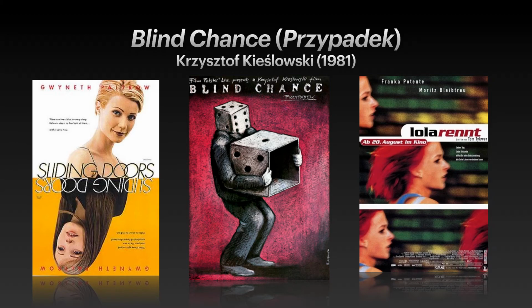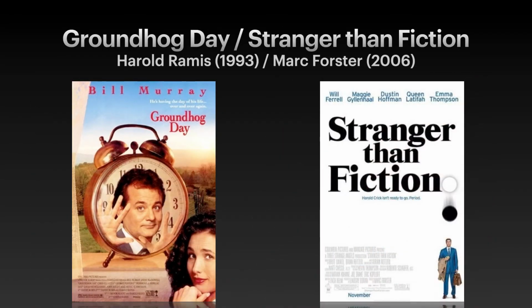The last two films I'm going to mention are highly relevant to the topic of this course. The films are Harold Ramis's Groundhog Day from 1993 and Marc Forster's Stranger Than Fiction from 2006. If you haven't seen these films, please watch them as soon as possible.